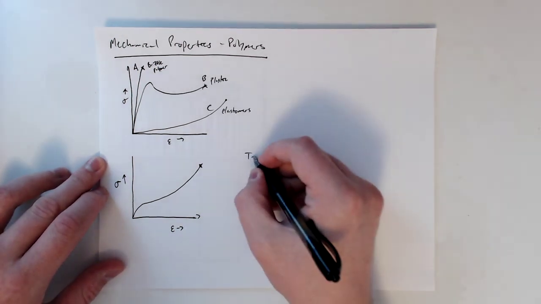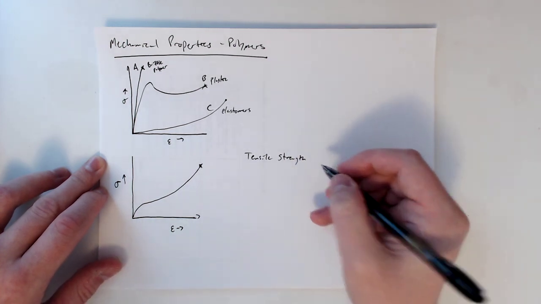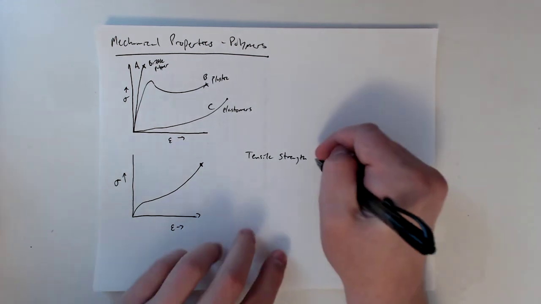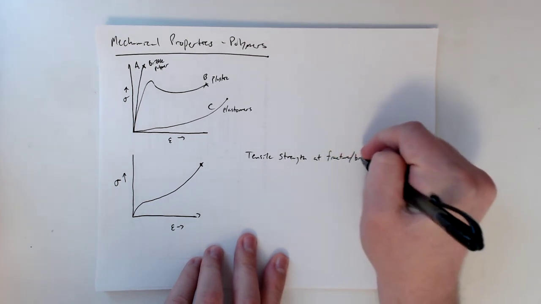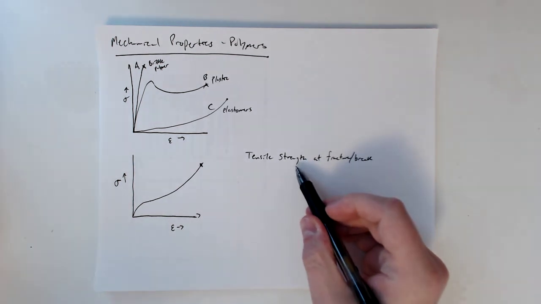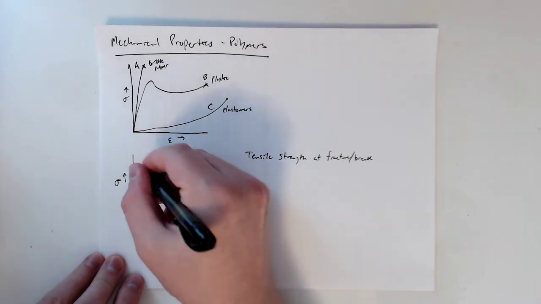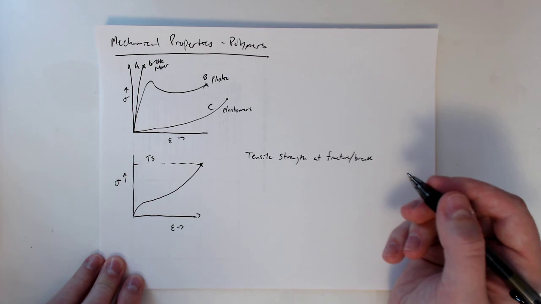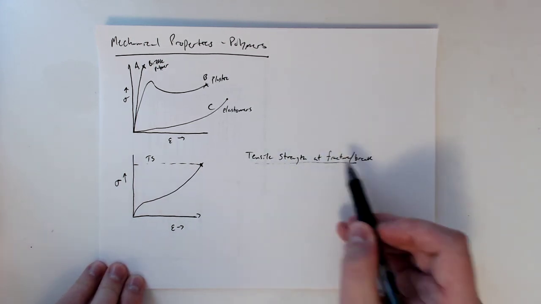Tensile strength is defined a little bit differently than it is in metals. Here, this is typically referred to as tensile strength at the fracture or break. The tensile strength in metals doesn't always happen at break, so here we're defining it a little bit differently. In fact, this is the tensile strength, or TS. That's one difference in polymers: here we're referring to tensile strength at break.